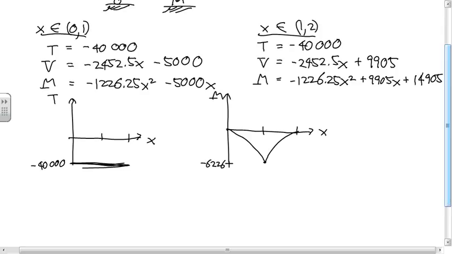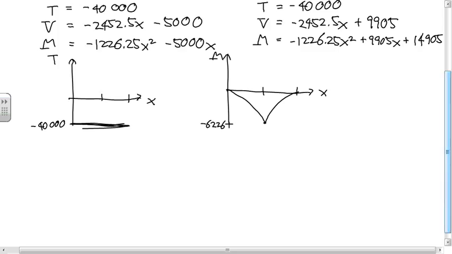Okay, so now we're going to calculate the stress. The stresses that we're going to care about are going to be in the x direction. We're going to calculate this due to tension, and that's going to be the axial force over the cross-sectional area.